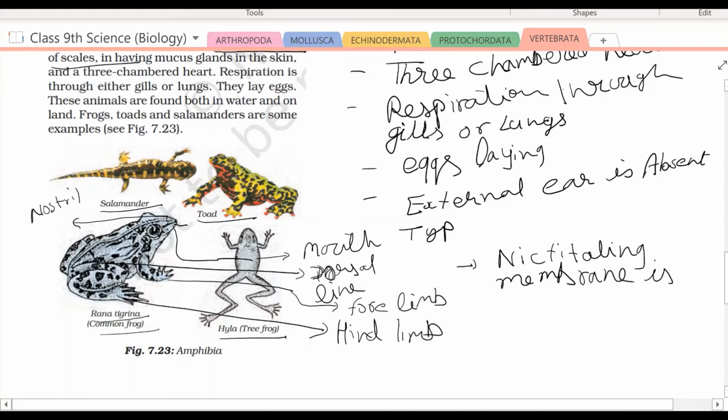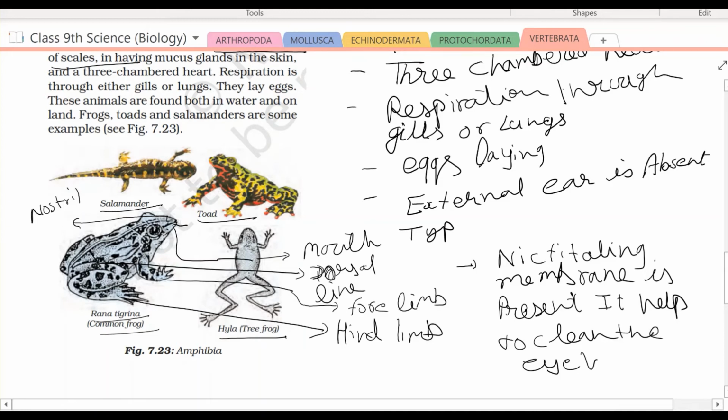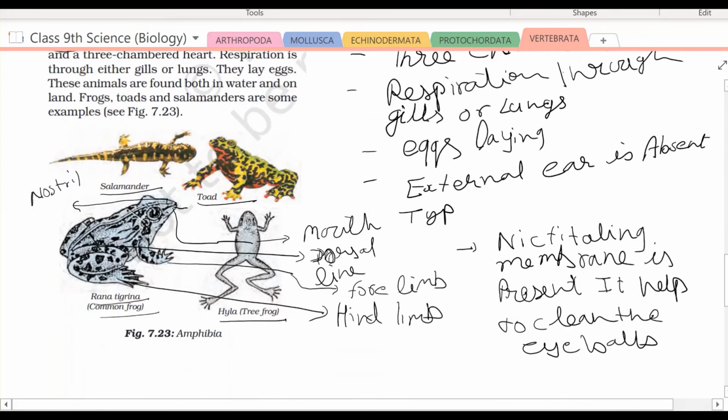This is a new term. What is it, what is its function? It helps to clean the eyeballs. Clear? Respiration process we have already discussed. Heart is three-chambered. So these are some characteristic features of amphibians.